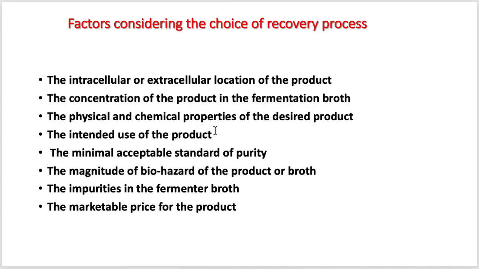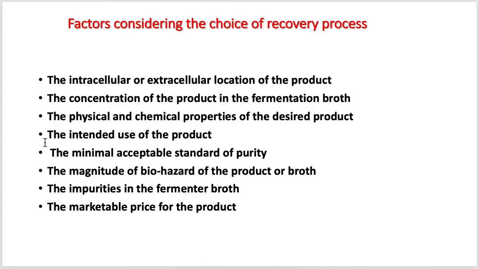These are important because some physical methods exert a kind of high force. If our final product is physically weak, we cannot use those harsh conditions. So based on the physical and chemical properties of our product, we choose the process that we use to recover it.